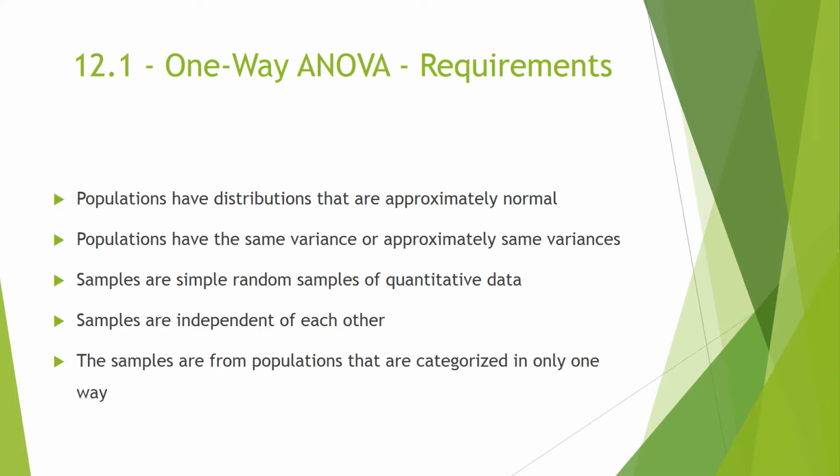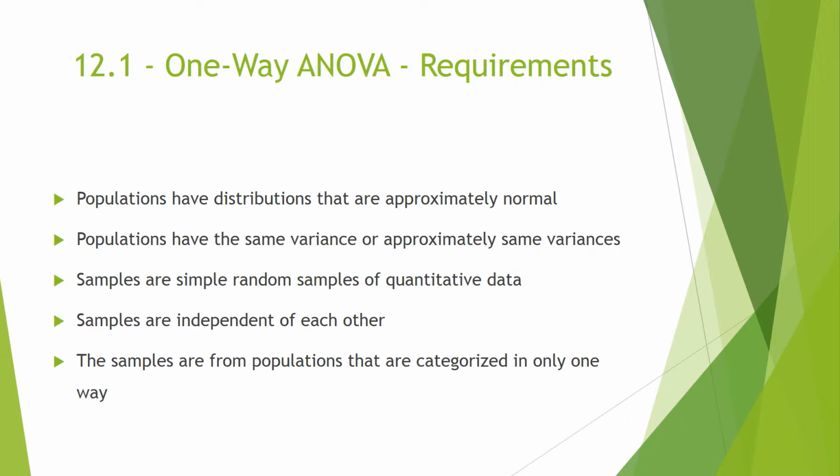Requirements are: first, the populations need to be approximately normally distributed. They have to have approximately the same variances, and the samples need to be simple random samples from quantitative data, and the samples need to be chosen independent of each other. Do you remember we talked about independence and dependence in chapter 9?